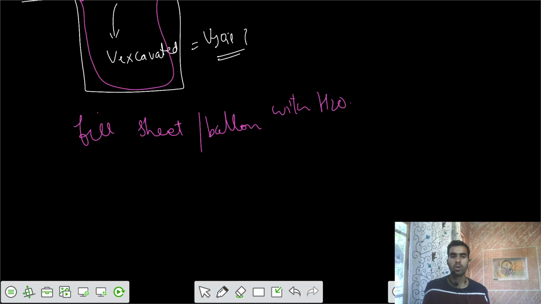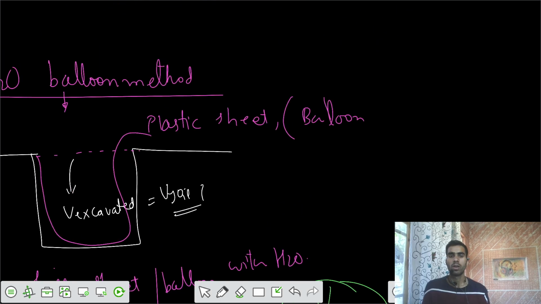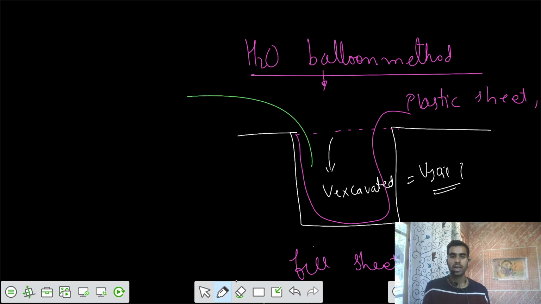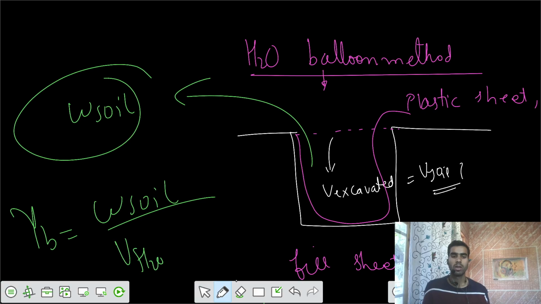Then we say how much volume of water has been filled in that sheet. That volume would be the volume of soil. So we can easily say we have excavated a weight of soil equal to WS. Then the density would be the weight of the soil divided by the volume of water you filled in the sheet or balloon.